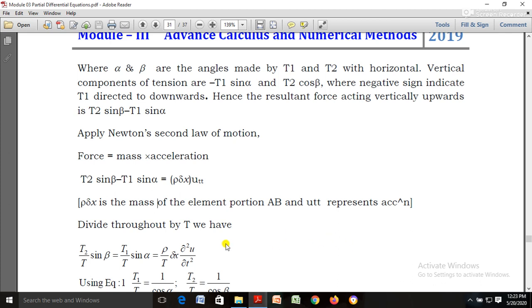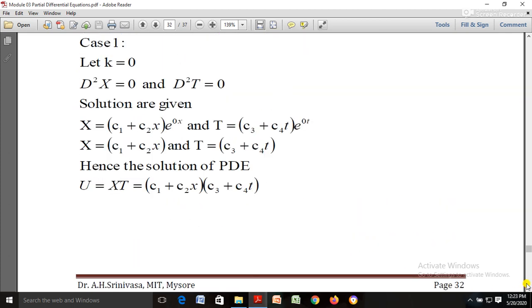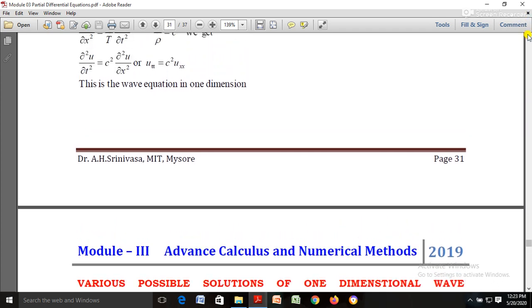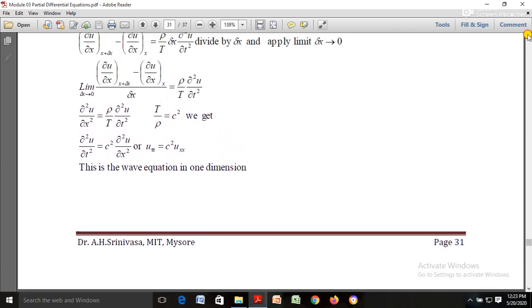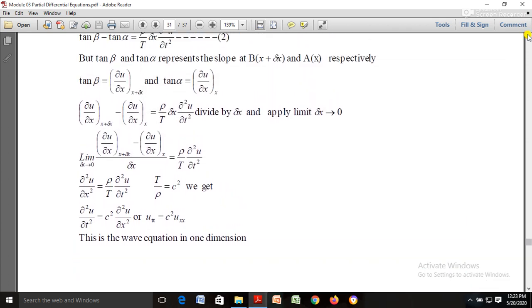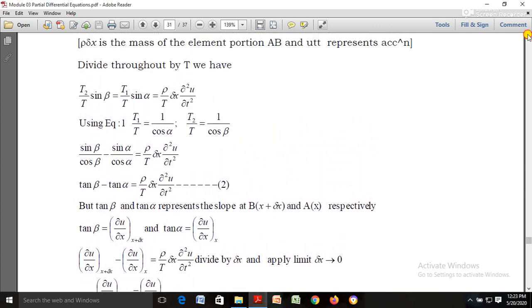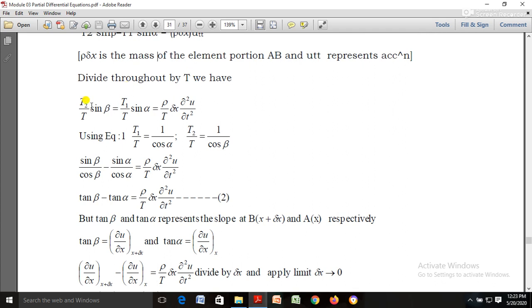Divide throughout by the capital T. So we get T2 by T sine beta is equal to T1 by T sine alpha plus rho by T delta x dou square u by dou t square.